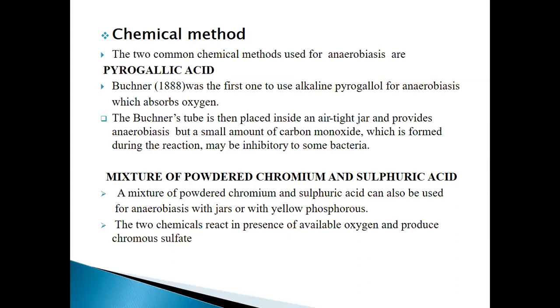One is called pyrogallic acid. It was Buchner who was the first to use alkaline pyrogallol for anaerobiosis, which absorbs the oxygen. Or you can use a combination of chromium and sulfuric acid. A mixture of powdered chromium and sulfuric acid can be used for anaerobiosis with jars, or with yellow phosphorus. It forms chromous sulfate and absorbs oxygen.